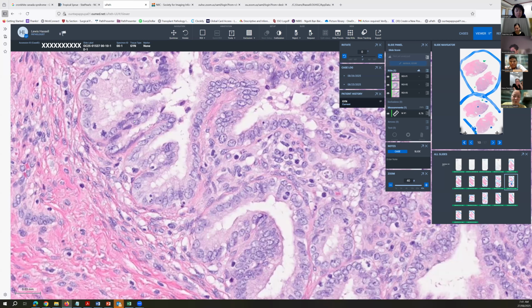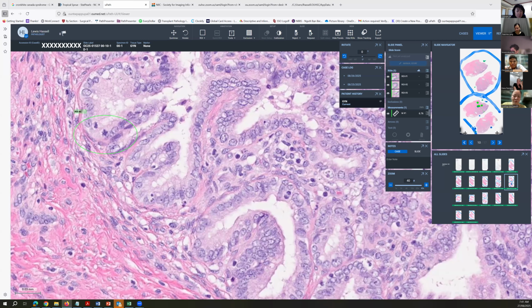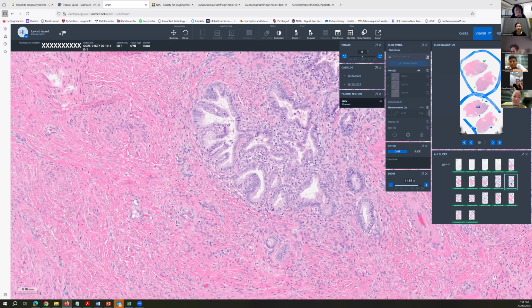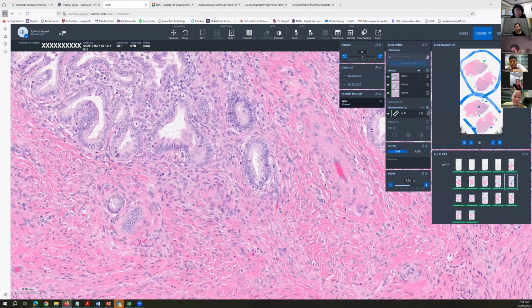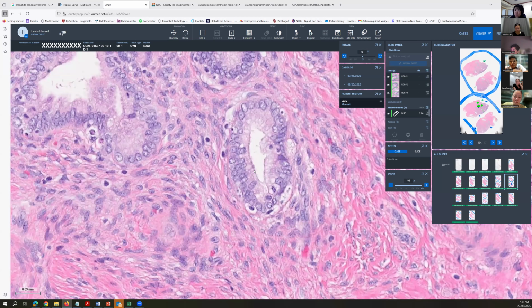Here's a couple of them right there, and so forth. So there's not the same degree of crowding that we had in that more superficial area of this lesion. And to my eye, this was reflective of a pattern that we call a minimal deviation adenocarcinoma or adenoma malignum.